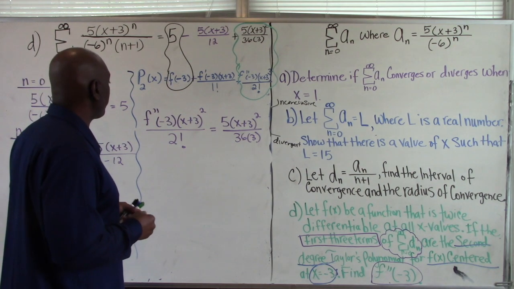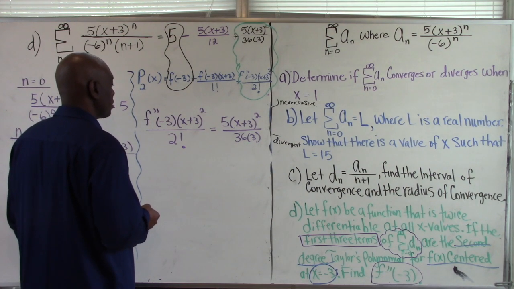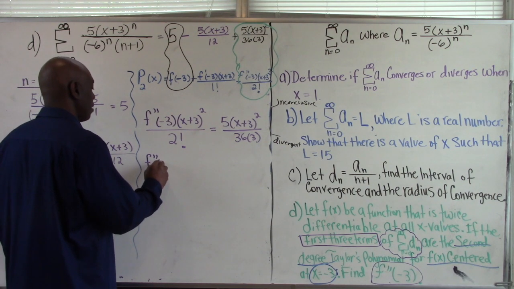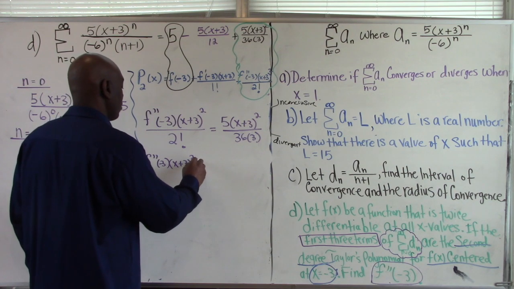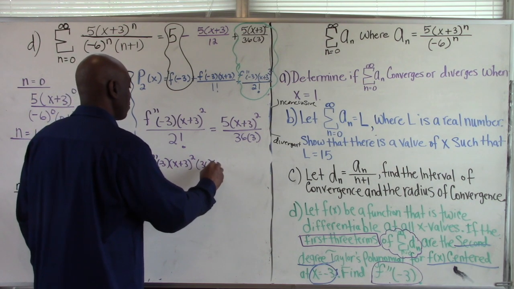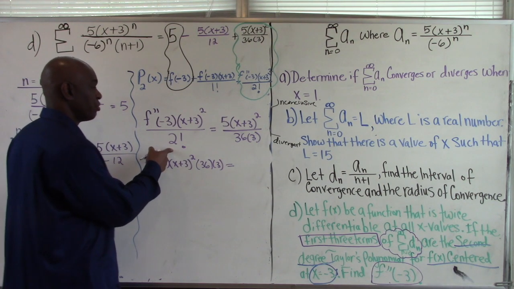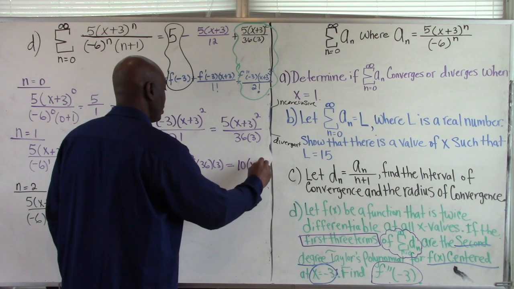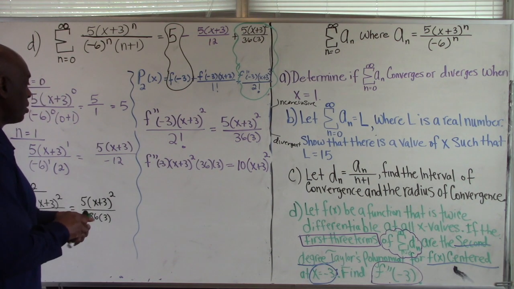And if we do that, I think I'm going to just cross multiply. So I have f double prime of negative 3 times x plus 3 quantity squared, and this is going to be multiplied by 36 times 3. And that's going to equal, cross multiply going the other way, 2 factorial is 2, and 2 times 5 is 10. That equals 10 times x plus 3 squared, right?